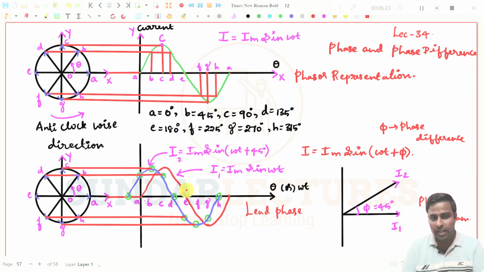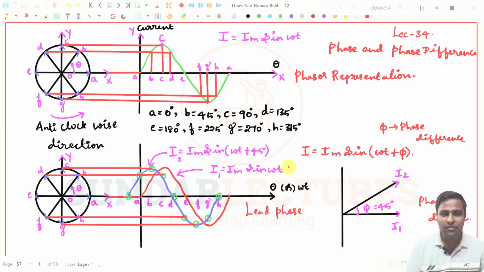And also in the negative direction, this is the negative maximum point of the reference phasor, and the I2 value will reach negative maximum before the reference phasor by 45 degrees. And also to the 0 point, you see the reference phasor reaches 0 at this point, and the I2 phasor reaches 0 before the reference phasor by 45 degrees.